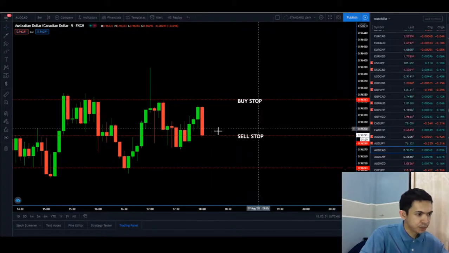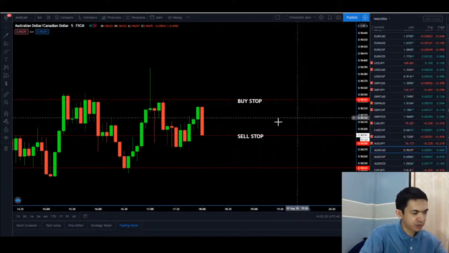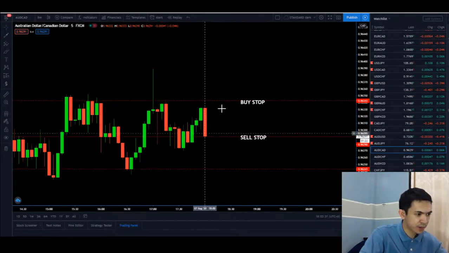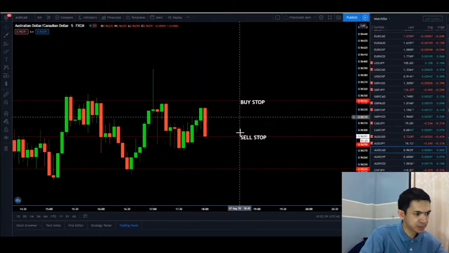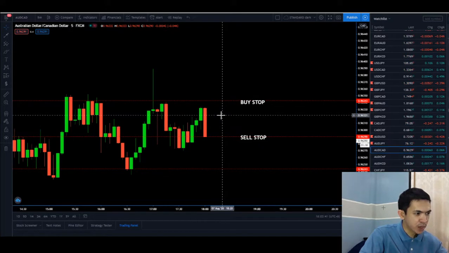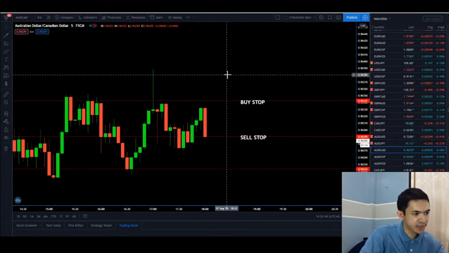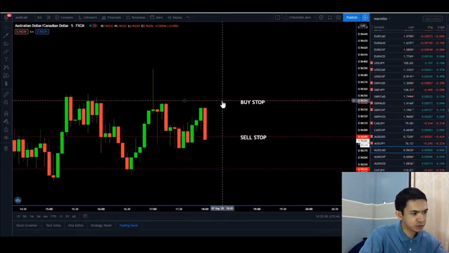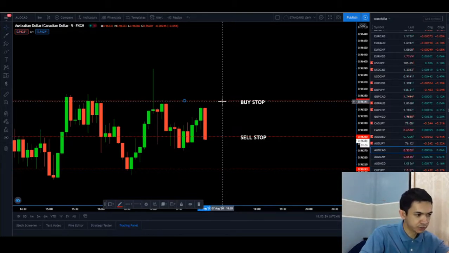So normally the strategy for trading high impact news is you squeeze the price, placing buy stop and sell stop orders, and then once any of those orders is hit, you manually close the other order. All right.